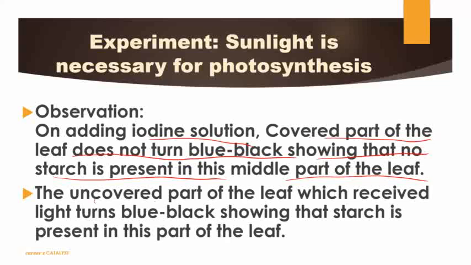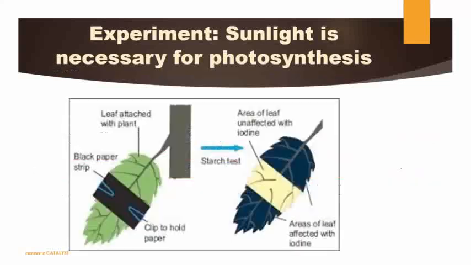Now the uncovered part of the leaf, which receives light, will obviously undergo photosynthesis and prepare starch, so that part gets converted into blue-black color. Here you can see the part which was wrapped with black paper. Here we are using black paper, you can use aluminum foil also.